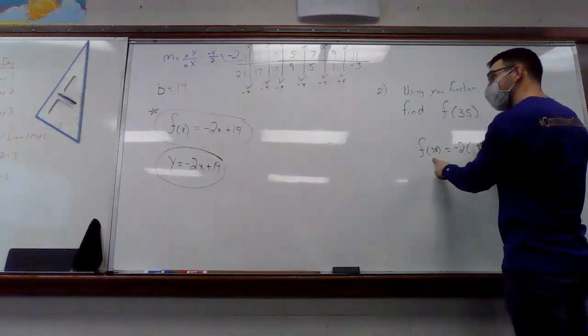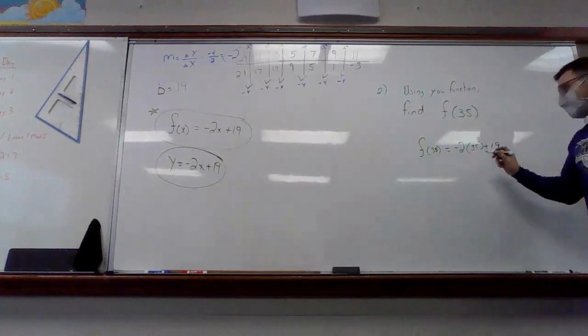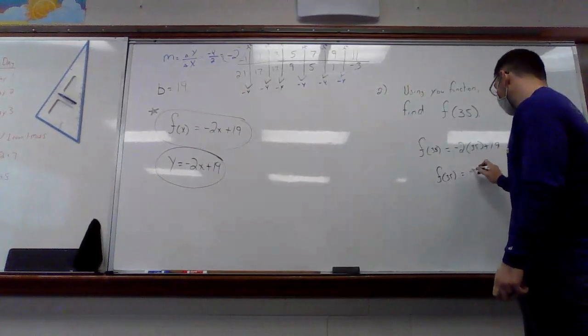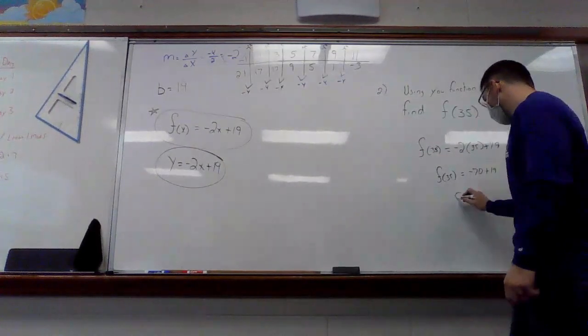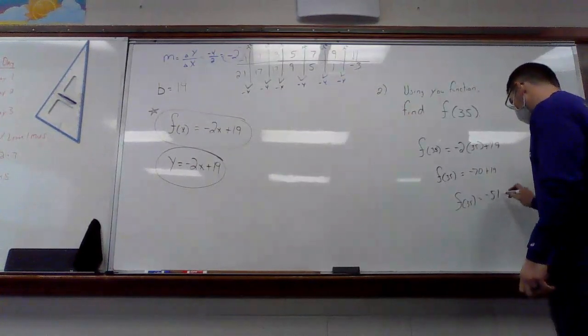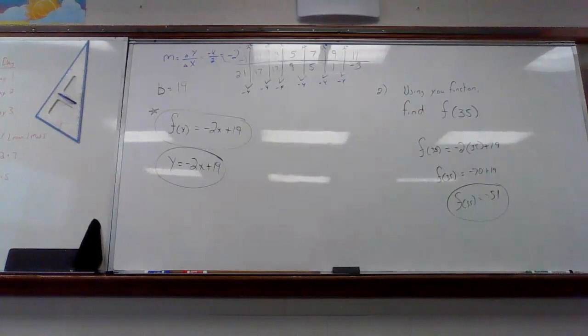Well, I'm substituting in 35 for x, because this is f of x. So when I input 35, what do I output? I output negative 51. Questions?